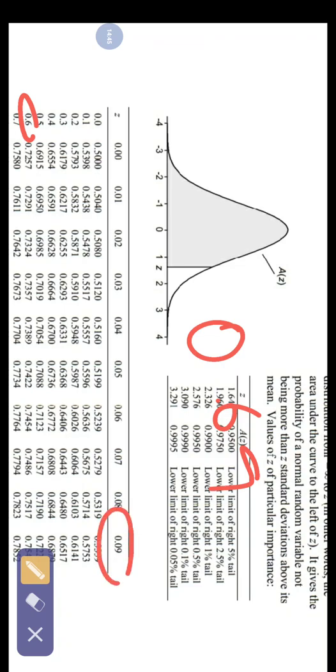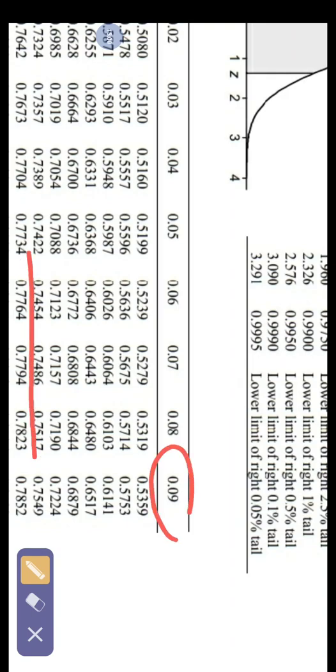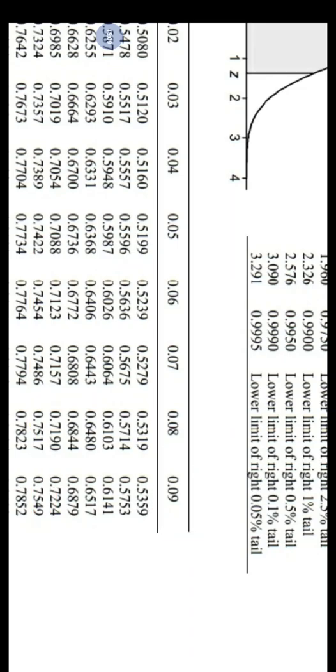So 0.6 and 0.09. So this is the value which we want, that is 0.7549.